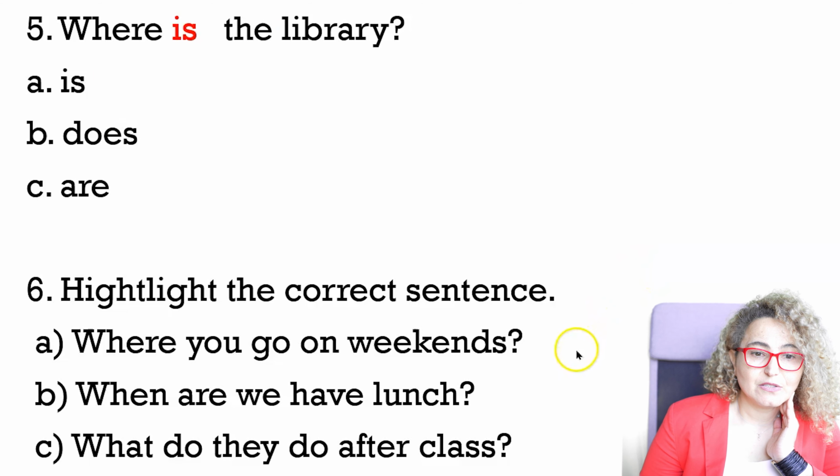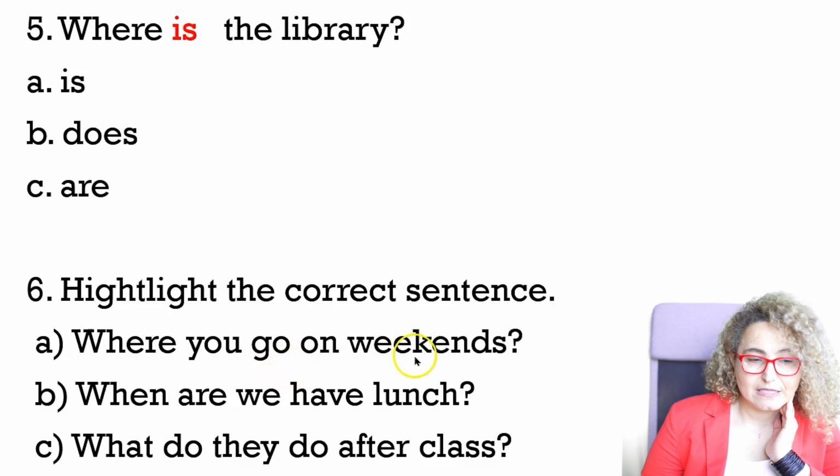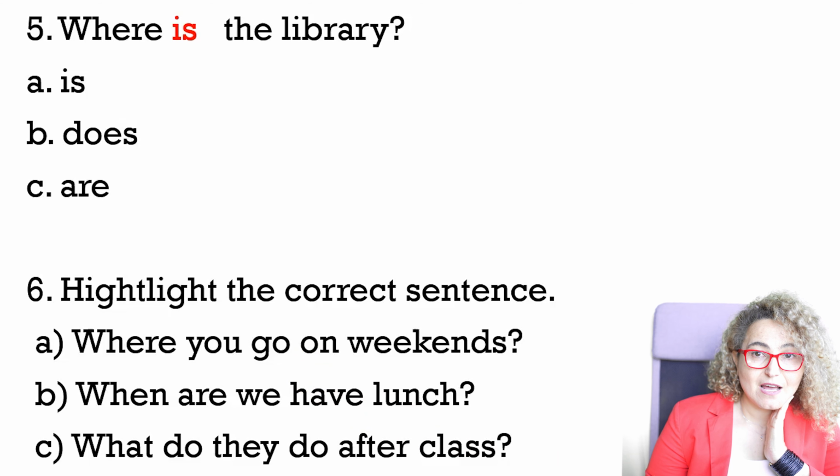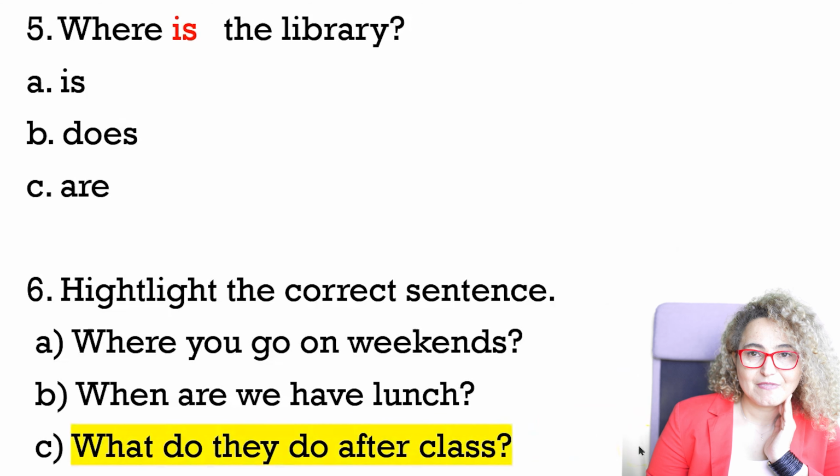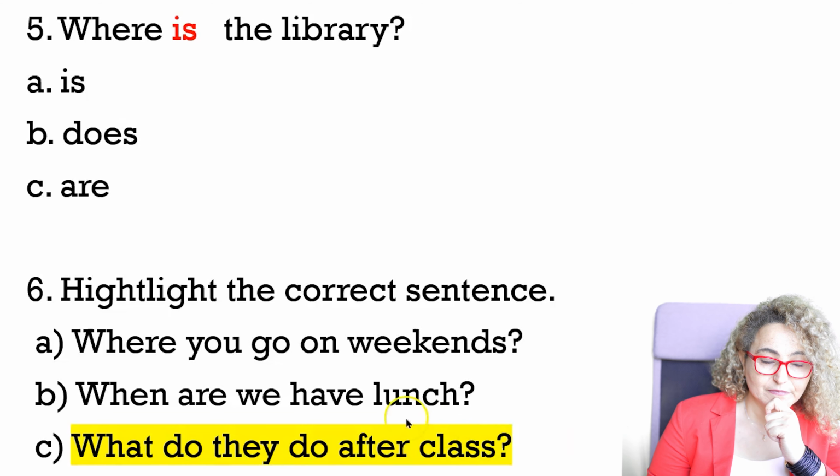Okay, which sentence do you think is right? Where do you go on weekends? When are we have lunch? Or what do they do after class? I'm hoping you guessed right. That is the correct sentence. Question. What do they do after class?